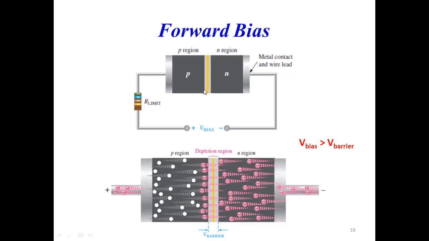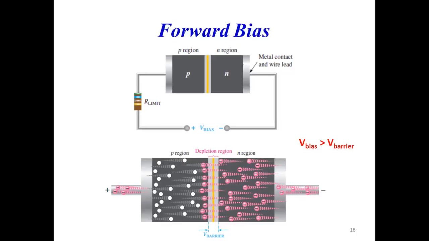So what is the condition for forward biasing? Your biasing voltage should be greater than the barrier potential, then only will there be the actual current, the movement of electrons in this particular circuit. So have you understood about forward bias?